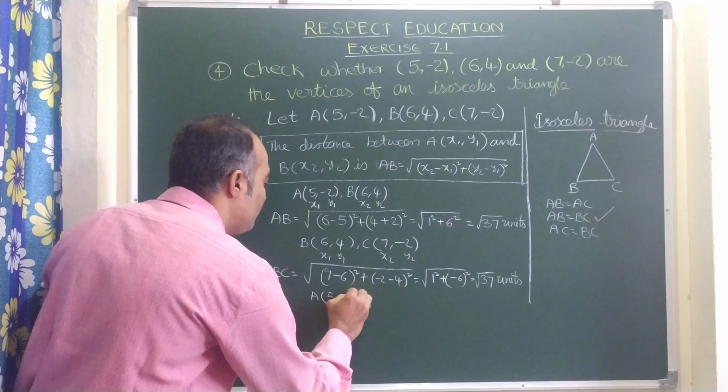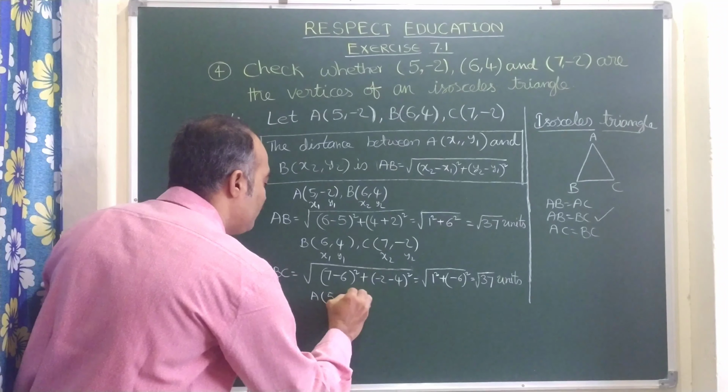Here you see, when you find AC, suppose if you get AC is also root 37 units, then all the three sides will be equal, it will form an equilateral triangle. But here only two sides are equal, right? So we have AB is equal to BC.